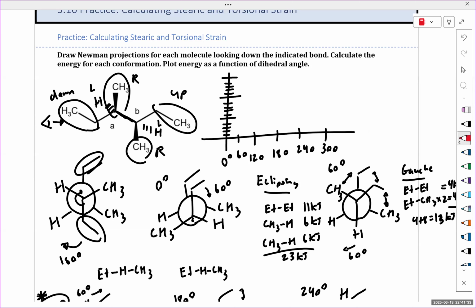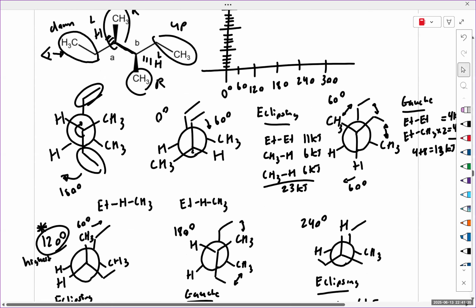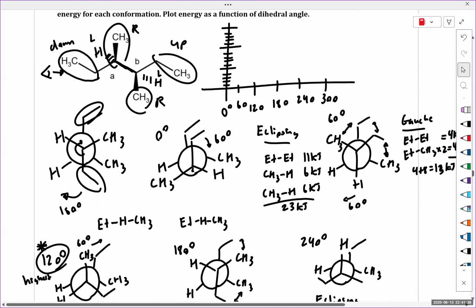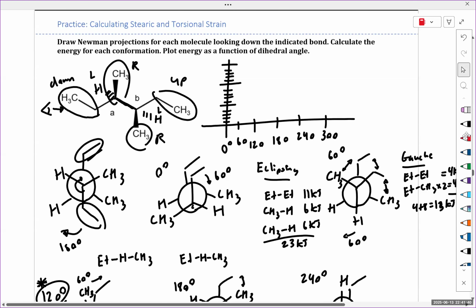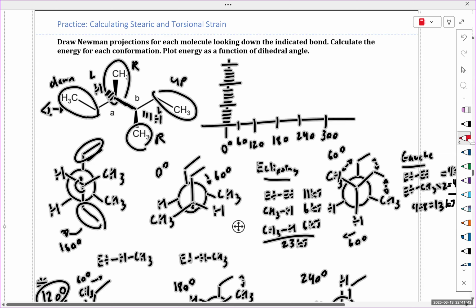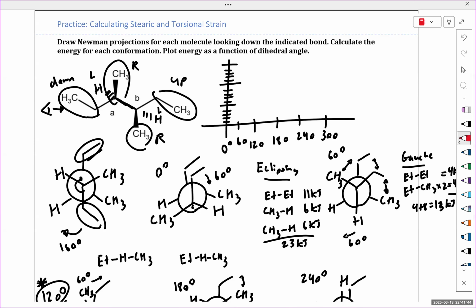plot this. So the 0-degree conformation we established to be about 23 kilojoules per mole of strain. So somewhere around here.